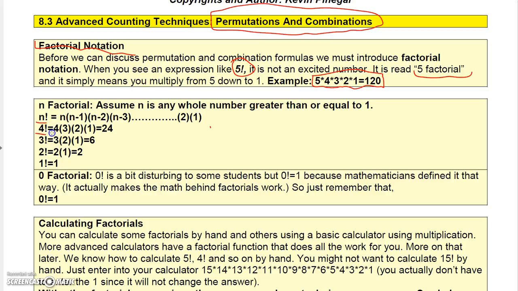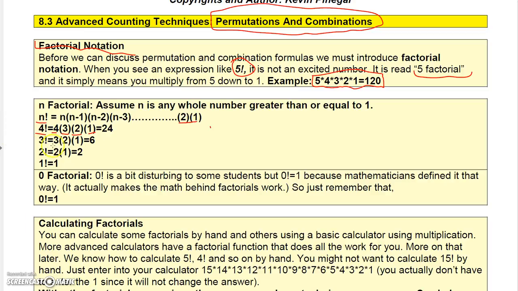I'm taking the number 4, which is n, then multiplying it by the number 3, that would be n minus 1. Then I'm multiplying it by the number 2, which would be n minus 2, and then you always stop at 1. So that's what that notation is saying. To get n factorial, multiply by n, then n minus 1, n minus 2, until you get down to 1. And that's how you find factorials.